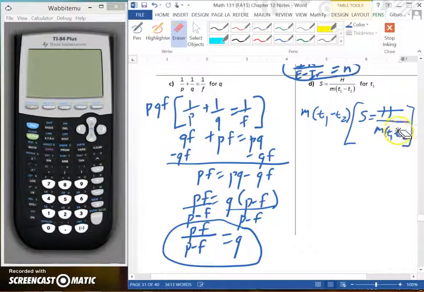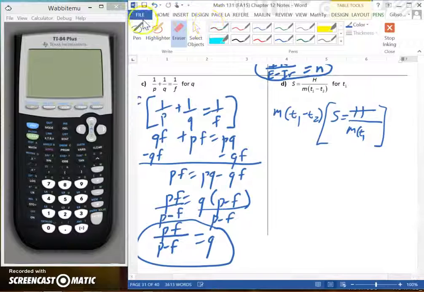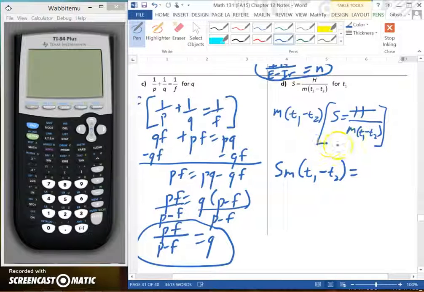Okay, so now, let me rewrite that. Okay, so now when we multiply this out, on the left side we will have S times M times the parenthesis T sub 1 minus T sub 2. And that equals to, these will simplify out and leave you H.